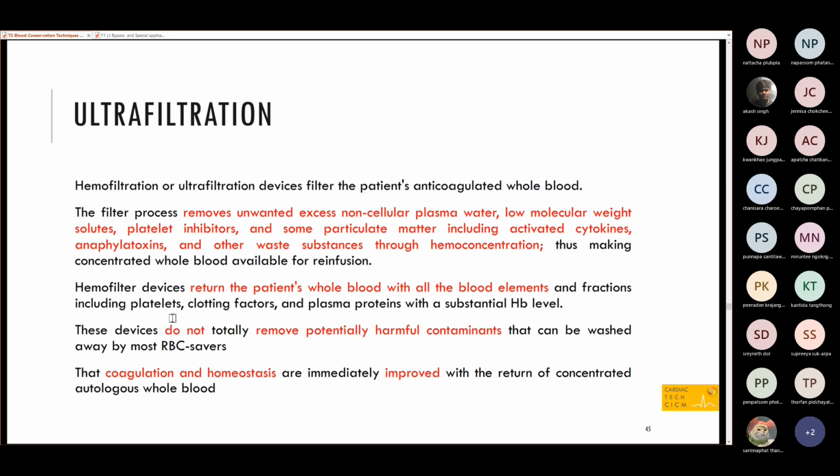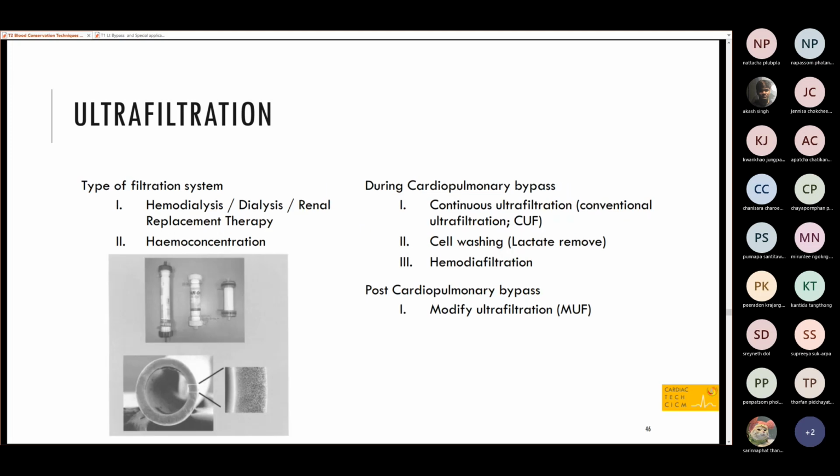So we need the device, and we try to use it in an appropriate case. Here is a symbol for a device that's used for ultrafiltration.